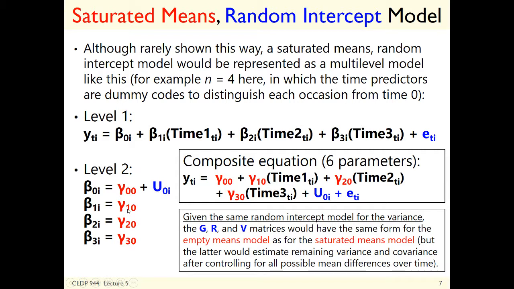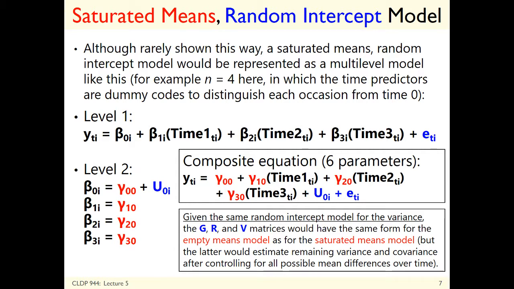Gamma 1,0 is the mean difference between time 4 and time 1. Gamma 2,0 is the mean difference between time 2 and time 4. And beta 3 is the mean difference between 3 and 4. The fact that these don't have any blue terms attached, the fact that there's no extra U's, means those mean differences are predicted to be the same for everybody.